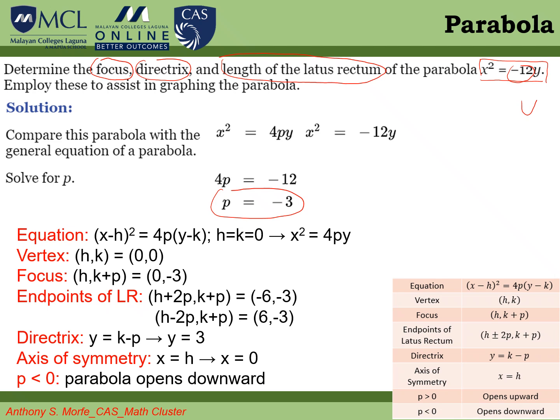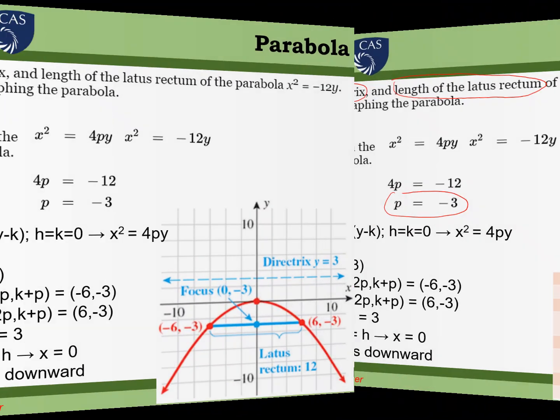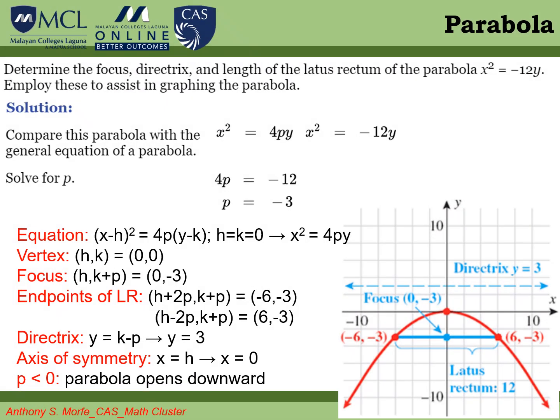Specifically for the equation (x minus h) squared equals 4 times p times (y minus k), these are the other information that you need to remember. This is the summary, class, of what we have done so far.